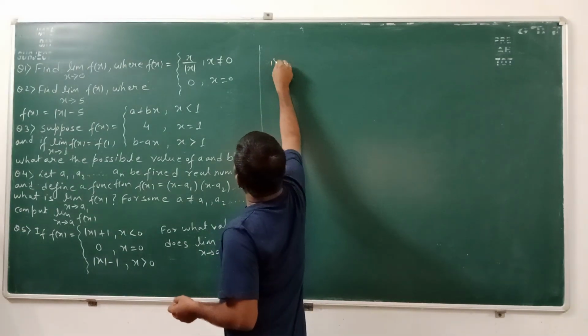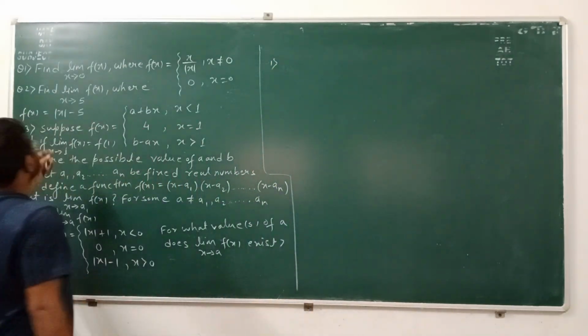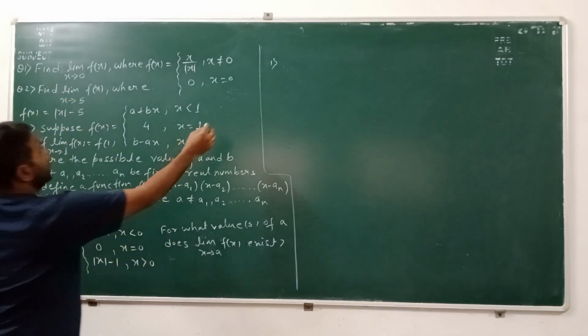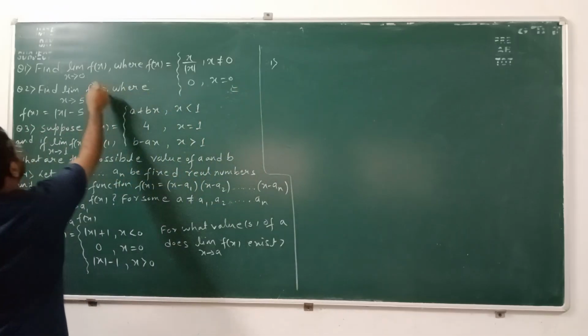Okay, see, the first question is saying: find the limit as x tends to 0 of f(x), where f(x) is defined here, and you have to find this limit.